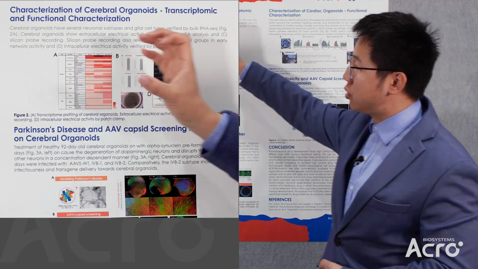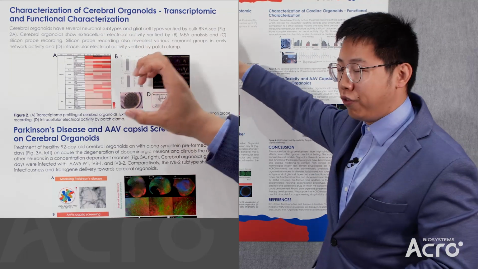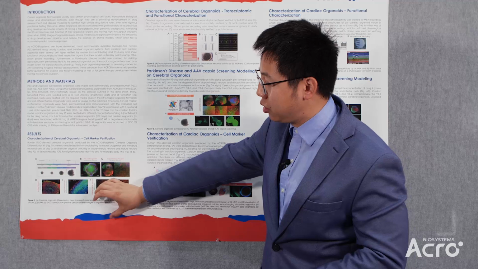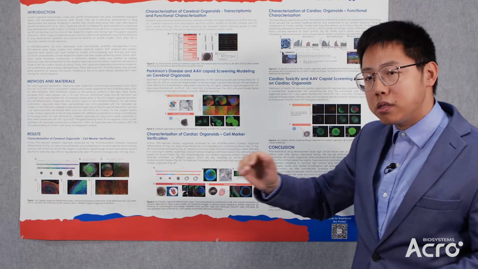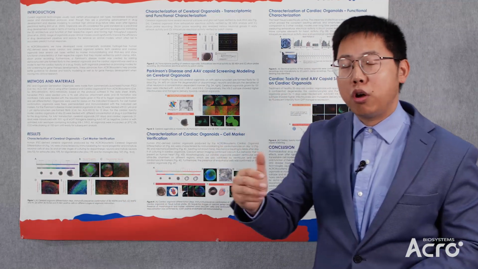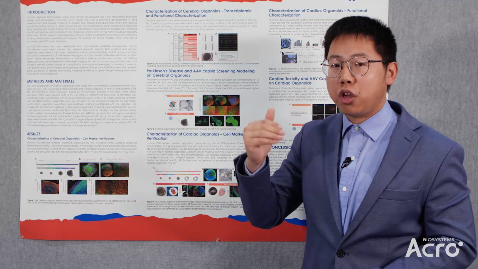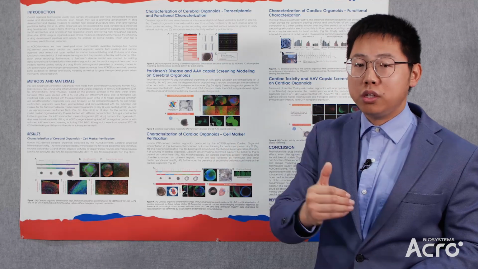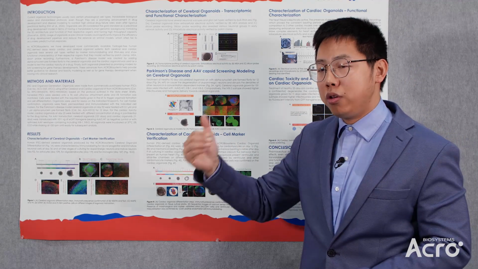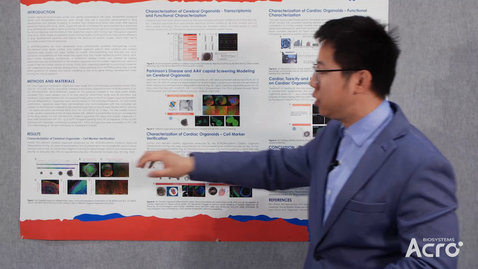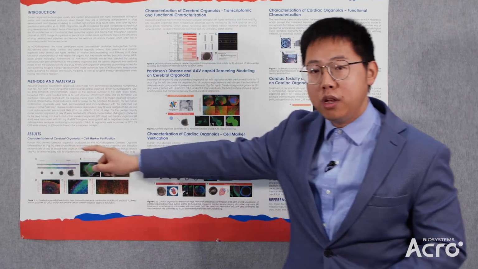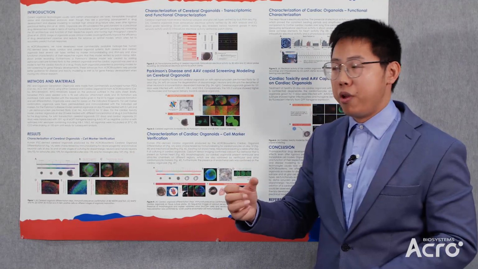Combined with the electrophysiological testing and the histology testing, this means it mimics the human brain. That's a huge advancement over using single cells or animal models, because this is human iPS derived, so it mimics the real human brain.